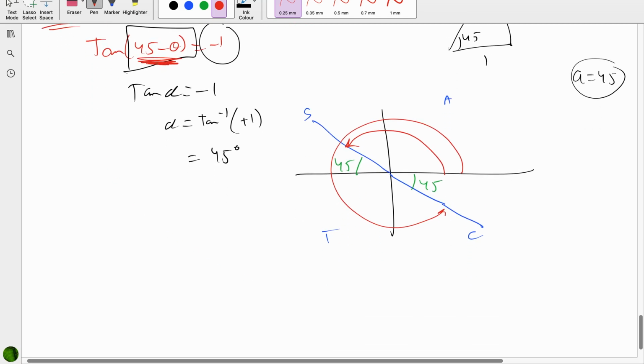And what are we solving for? This is 45 minus theta. I forgot to convert it. This was 0 to 360 for theta. For 45 minus theta, this would be minus 45.